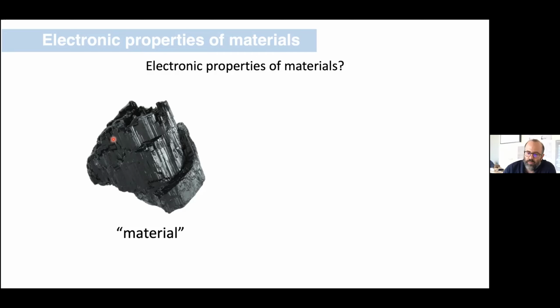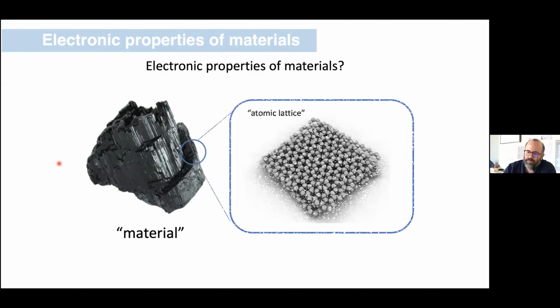When we say material, we have some chunk of thing, and we know that these materials are made up of atoms. What I really want to know is, if I put electrons in my material, or if there are free electrons available, how do these electrons move throughout the material? That's the primary question. I want to have some understanding of how electrons are going to respond to stimuli, what the electronic properties of the material are, et cetera.